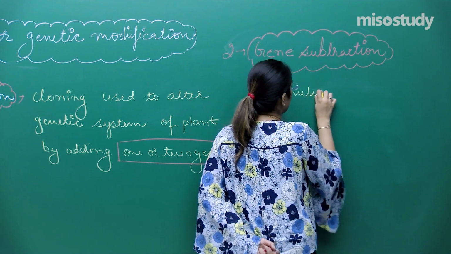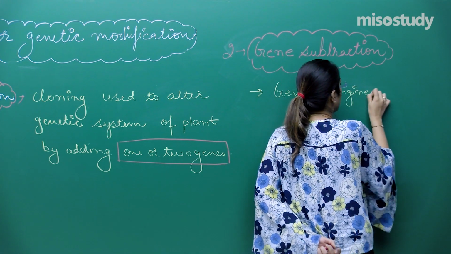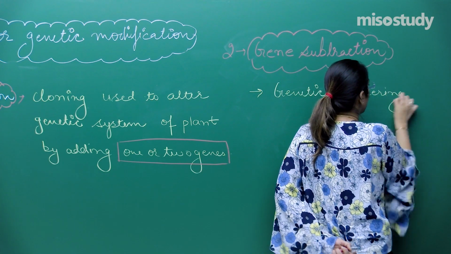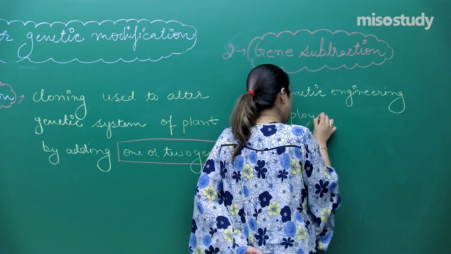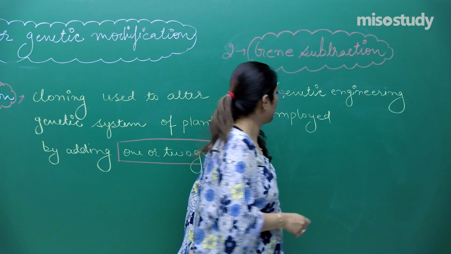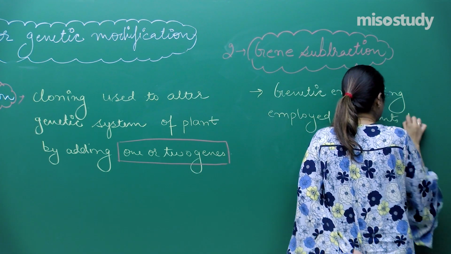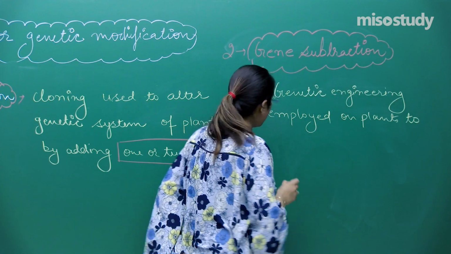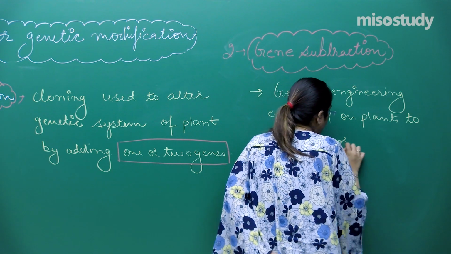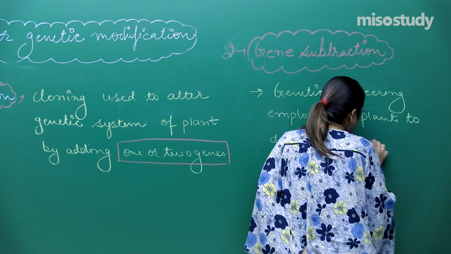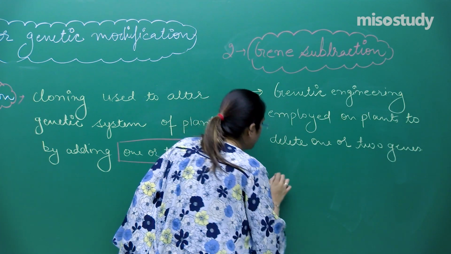Genetic engineering is employed on plants to delete one or two genes out of the whole genome.